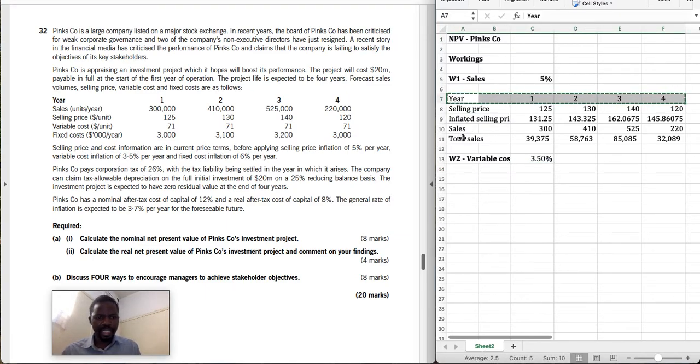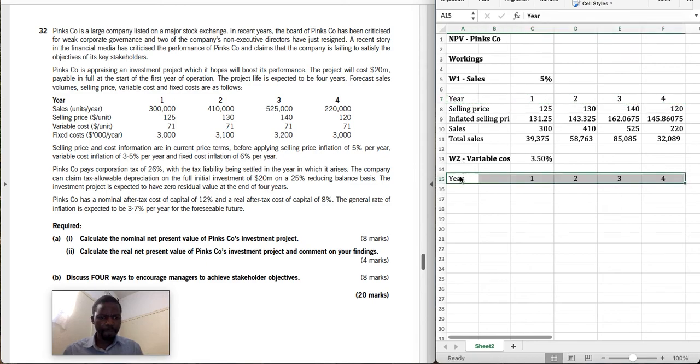We'll copy the years down. Then we'll say variable cost per unit. We are given the variable cost per unit as 71 for all the years.